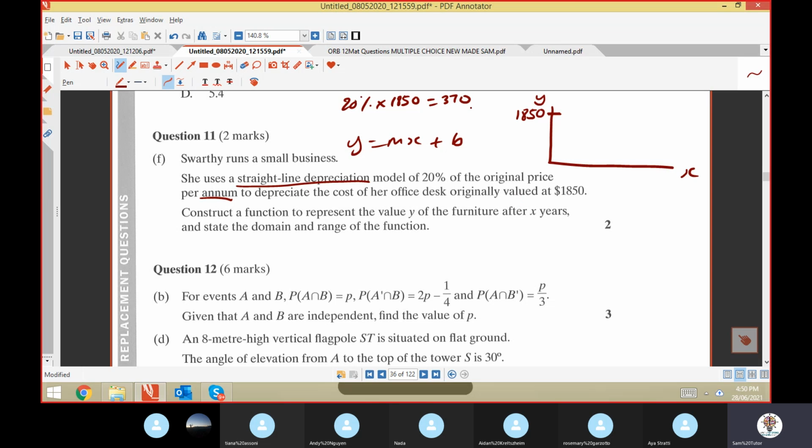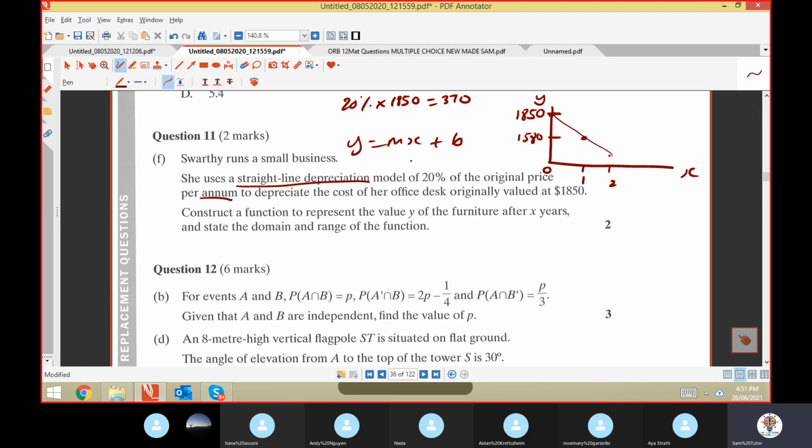So 370, and that means your new value, just so you can visualize this, is 1580 after 1 year. So at 0, after 1, it's at 1580. After 2, it's somewhere a little bit less, and so on.